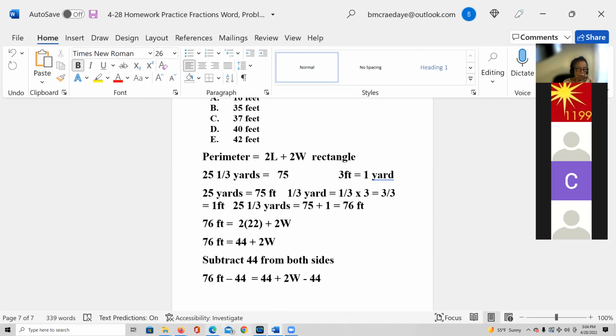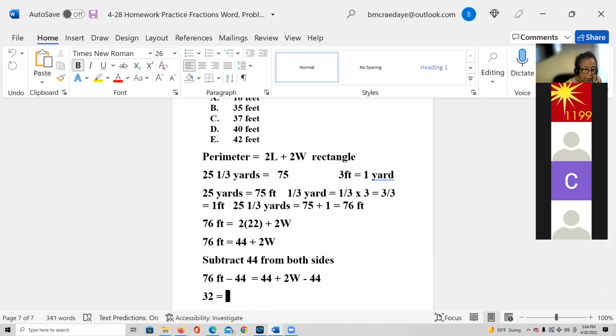So 44 from 76 is what, Mercedes? 44 from 76, that will be 32. So that's 32.